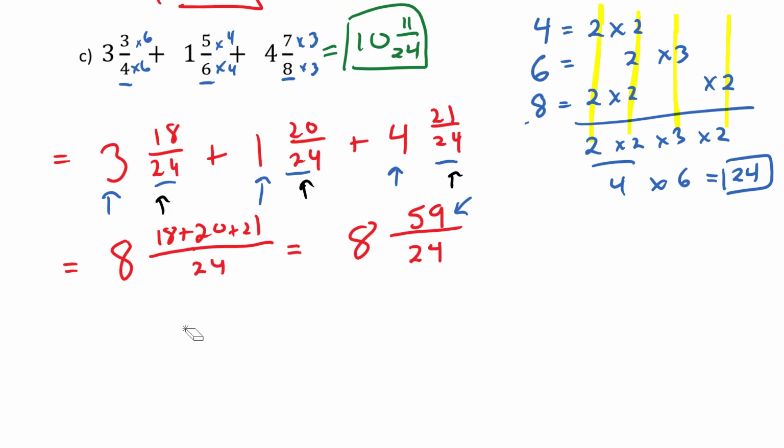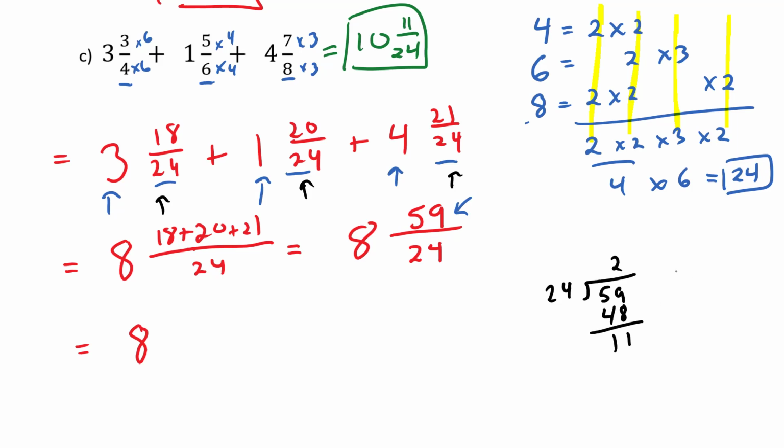Let's break down that improper fraction into what it would be in terms of a mixed number. We can do this from what we learned earlier. 24 divided into 59. 24 goes into 59 twice. 2 times 24 is 48. 59 minus 48 leaves 11.